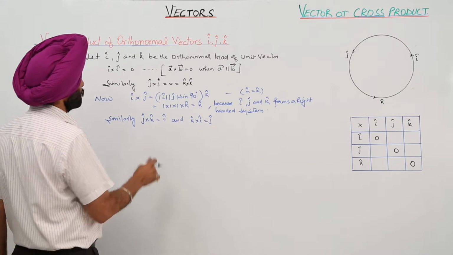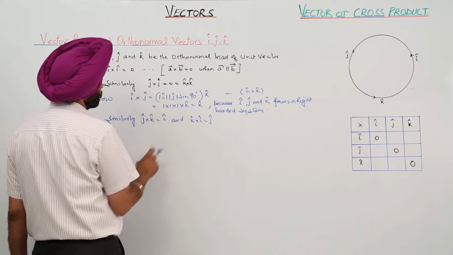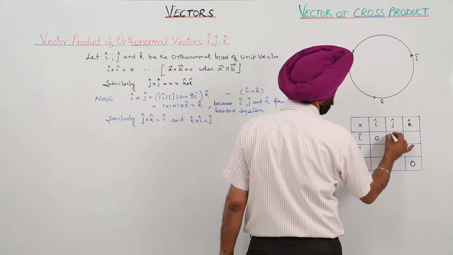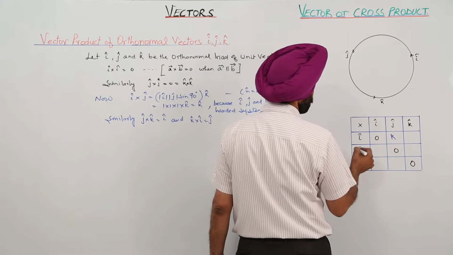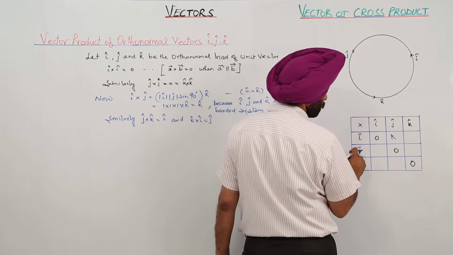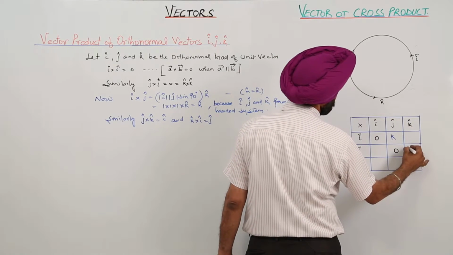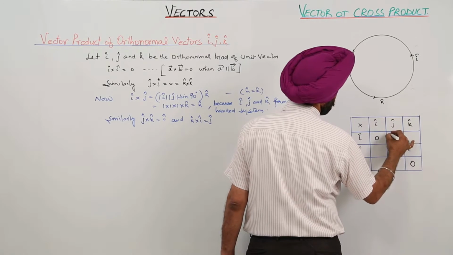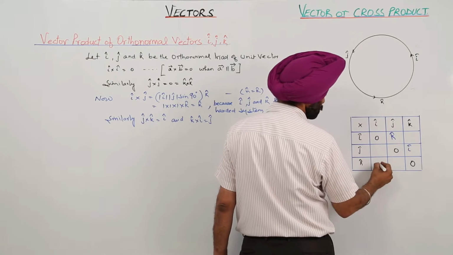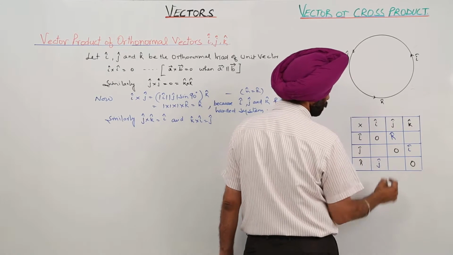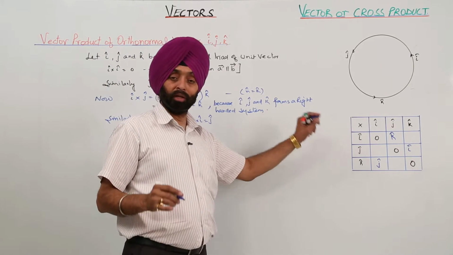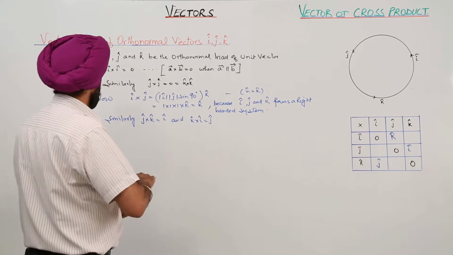So we are having three results, first, second and third. i with j cap it was k cap, j with k cap it was i cap, and k with i cap it was j cap. Like this I am just making you remember in a very nice manner.